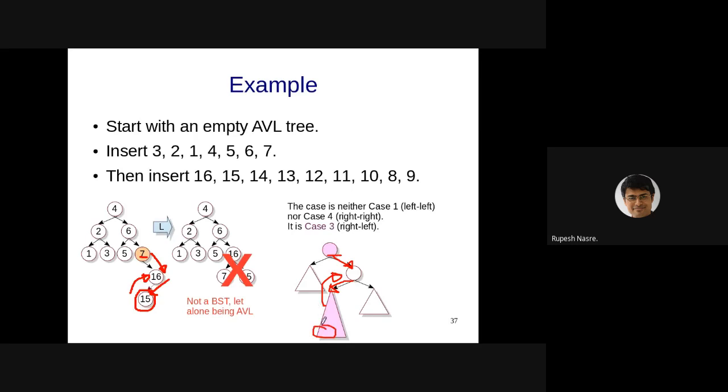So first right rotation and then the left rotation, and therefore RL case is going to require R and L rotations. LR case is going to require first left and then right, the opposite of that.